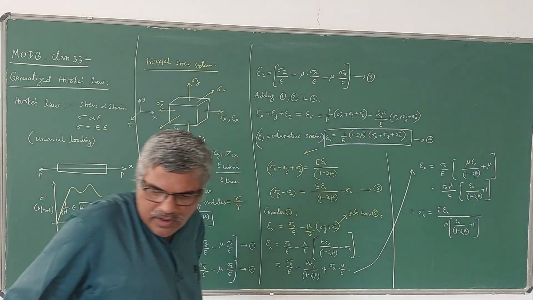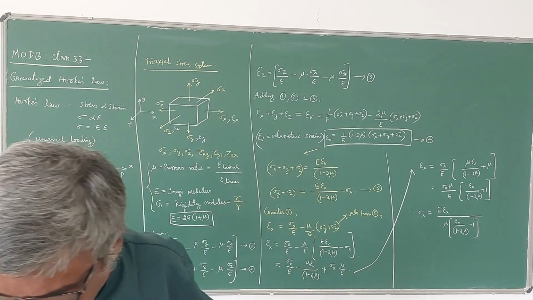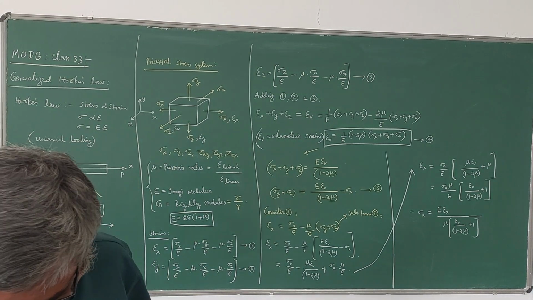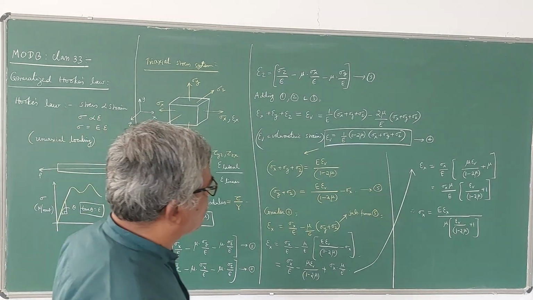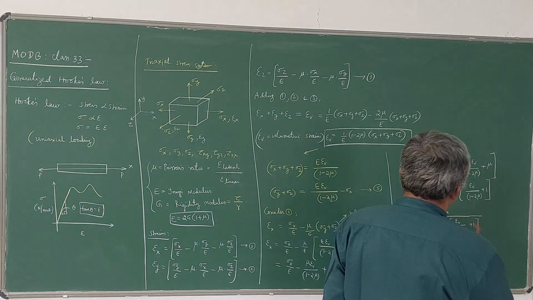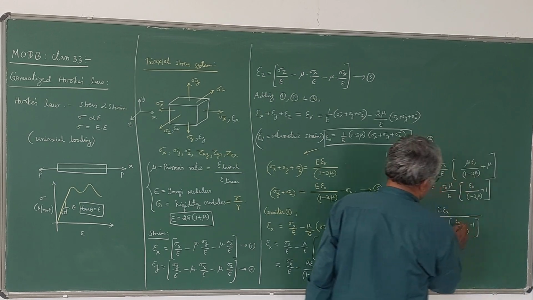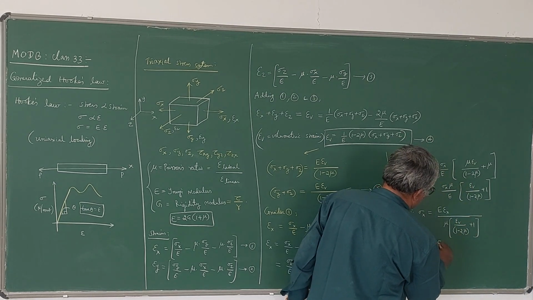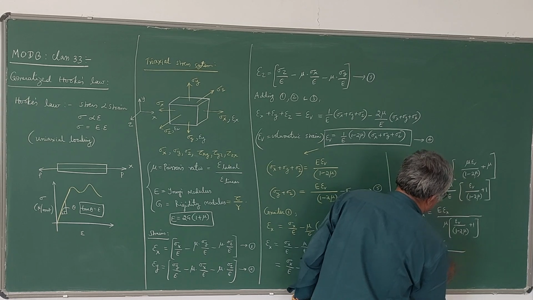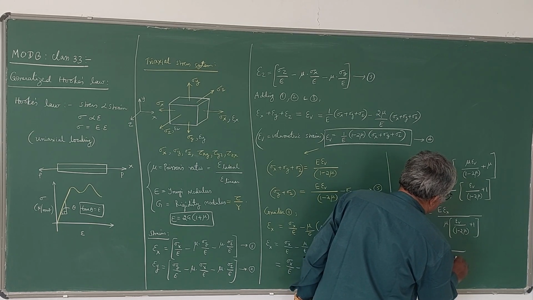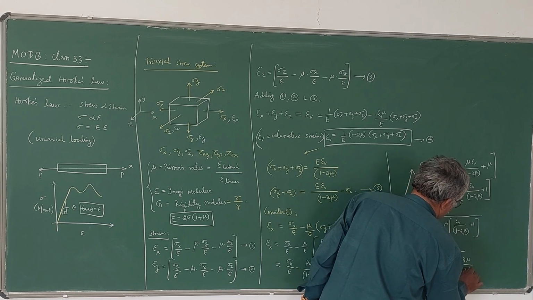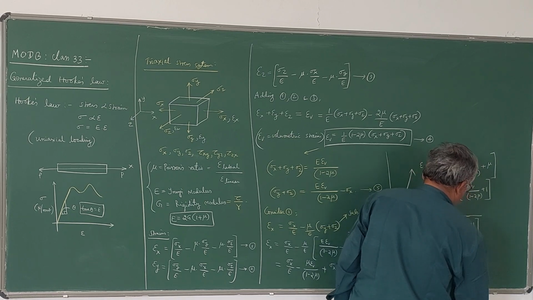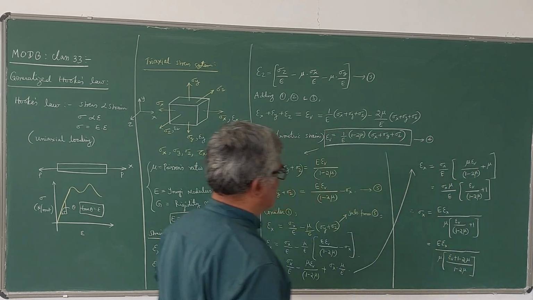Now I can always convert this into another form. I will just take the LCM and simplify: E into epsilon x divided by mu into epsilon v plus 1 minus 2 mu divided by 1 minus 2 mu. Something like this we get.